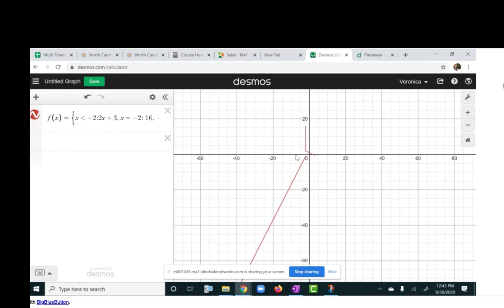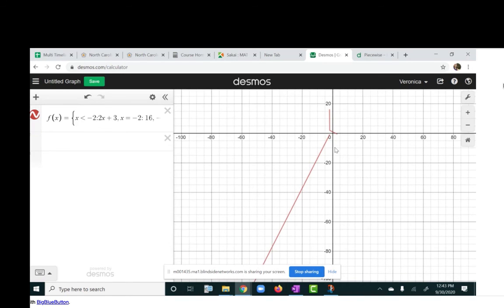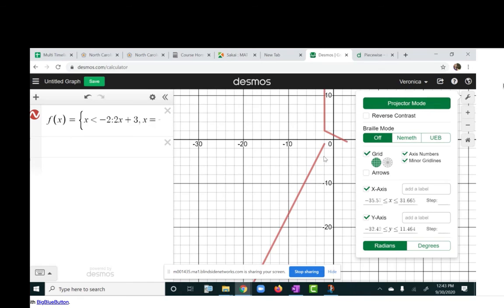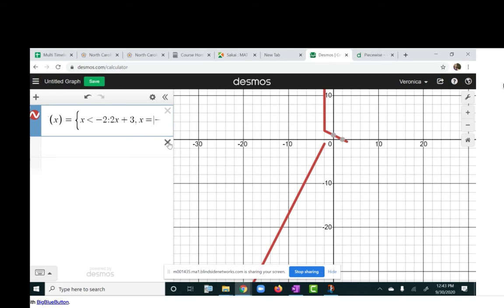Oh, nice try, Desmos, but didn't quite do it for me, because if you notice, it tries to connect all those parts of the function together. Oh, actually, wait, maybe that was my fault. Did I do this? No, x is greater than -2. I didn't do greater than or equal to, so I don't know why it connected those. It should not have.